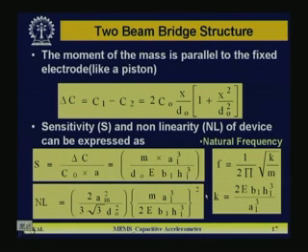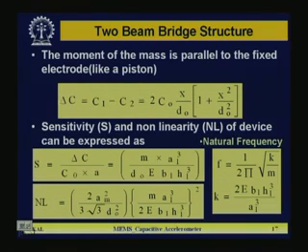Now, in these kinds of structures, the movement of the mass is parallel to the fixed electrode, like a piston, because it moves up or down like a piston as it is held by 2 flexures. So, the bending is not asymmetric, it is uniform. If you hold it by 2 flexures, then it will go up or down like a piston.